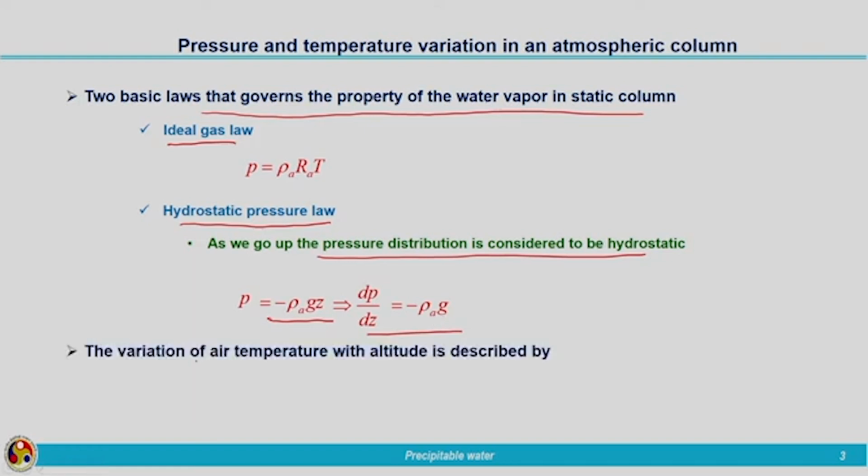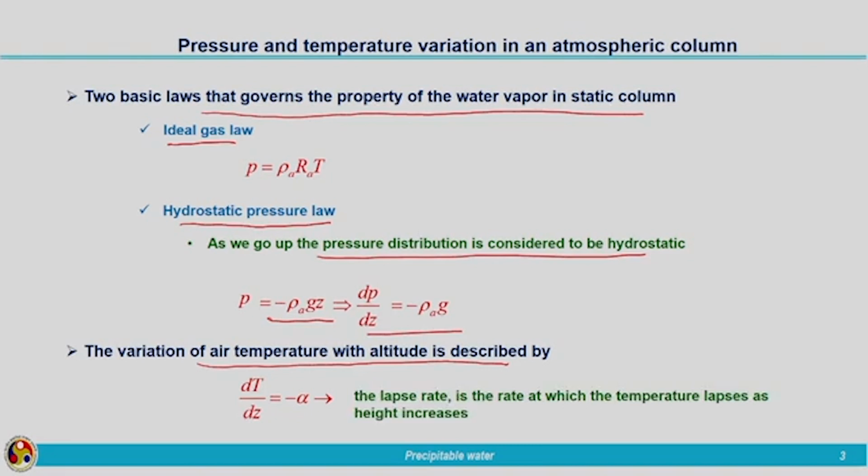Now, we need to have the idea about variation of air temperature with altitude. This expression is also very much familiar to you, that is dT by dz is equal to minus alpha. Alpha is nothing but the lapse rate. What is lapse rate? It is the rate at which the temperature lapses as the altitude increases.